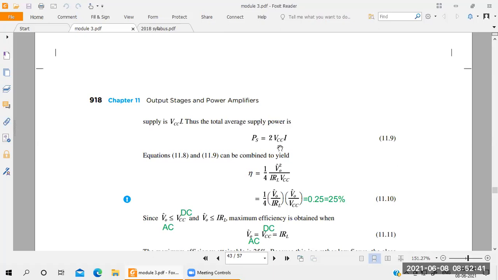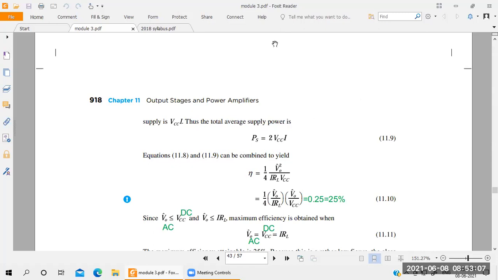But in the power equation we can write the DC voltage multiplied by the DC current, then multiply by 2. Why have they taken 2 here? Because we have connected 2 transistors, Q1 and Q2. So 2 is nothing but the 2 transistors we are using, Q1 and Q2. Multiply by the DC voltage, plus VCC and minus VCC, multiplied by the DC current produced by the Q2 transistor.